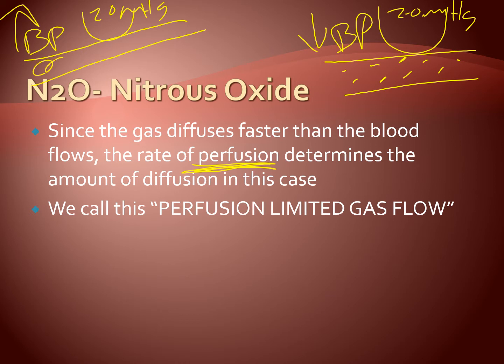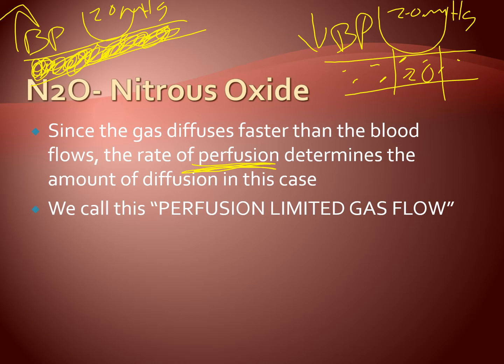The other one has lots of perfusion, lots of blood volume, lots of pressure, lots and lots of blood going through that area. So in this scenario, which patient is going to have a lot more of the gas enter their bloodstream? Well, hopefully you said, hey, this patient only has 20 millimeters of mercury over here and 20 over there, but on the right, hardly any blood flow is going in there, and so therefore we're going to reach equilibrium pretty quick in this area.